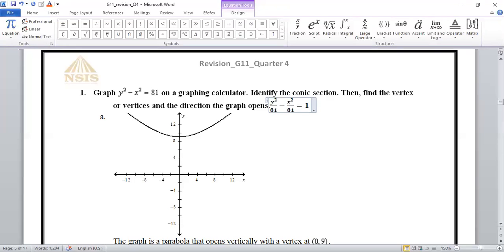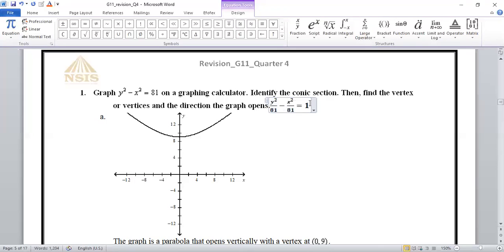This is the general form of the hyperbola equation. A squared equals 81 and B squared equals 81. So from this equation we can get the values of A and B.